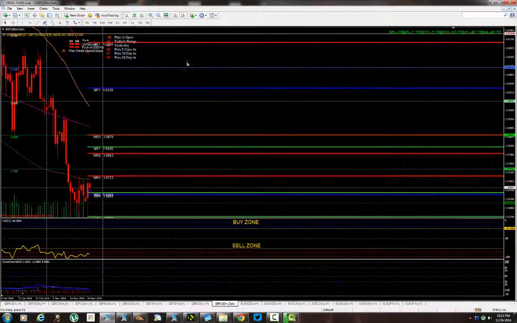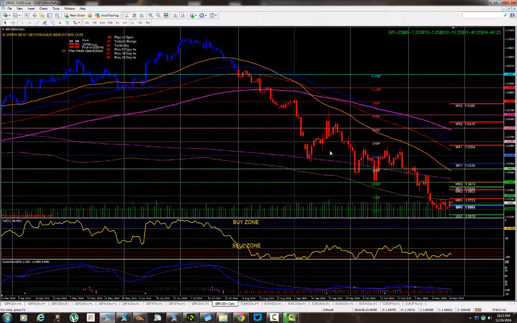All right, pound US dollar, another downtrend, although we only closed minus 20 last week. And we have been moving down for quite a while. So we have a pretty decent downtrend line.